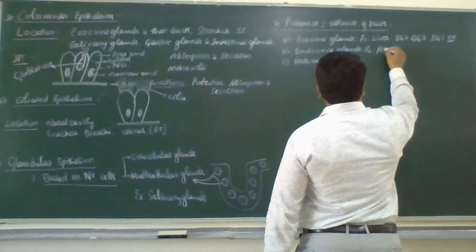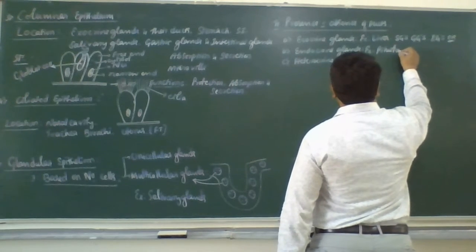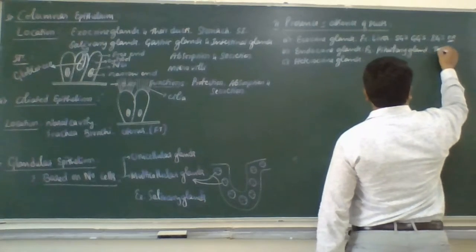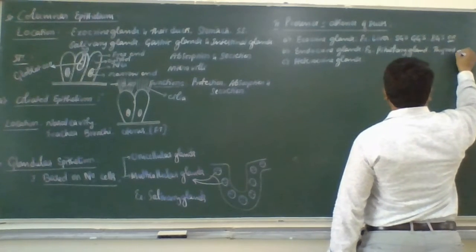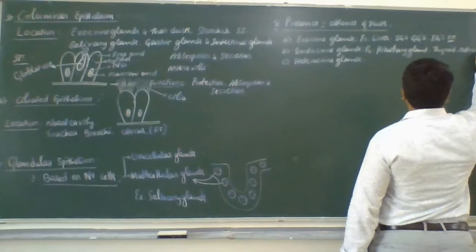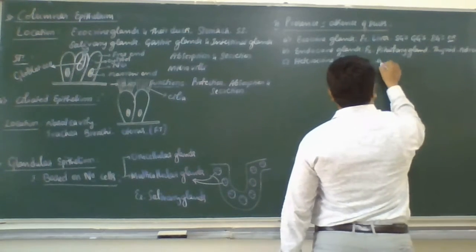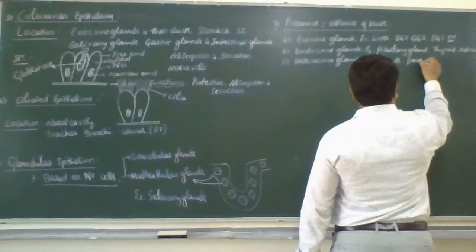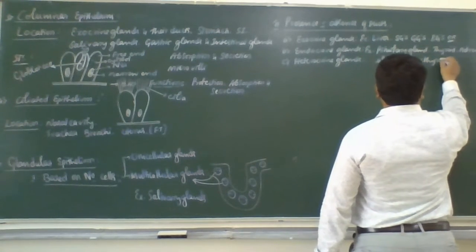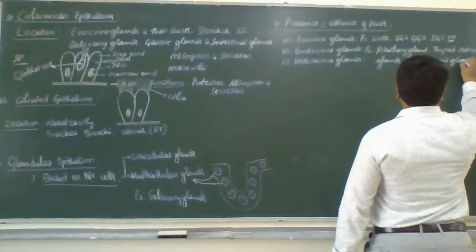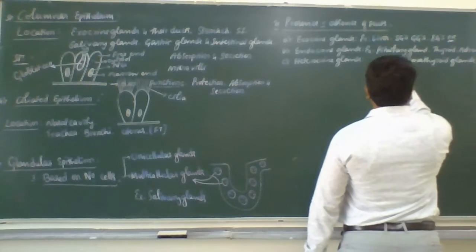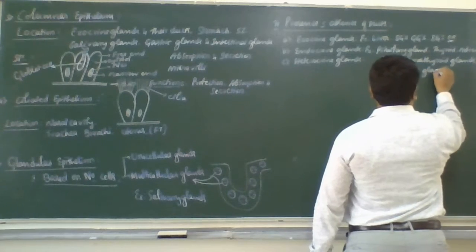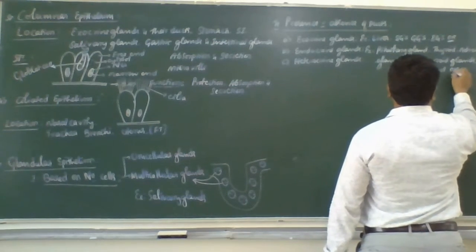Pituitary gland, thyroid gland, adrenal glands, parathyroid glands, thymus gland, etc. So all these are the endocrine glands.